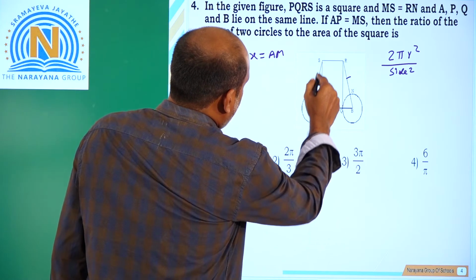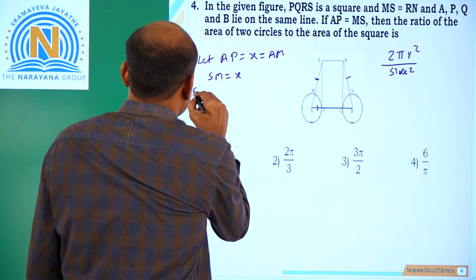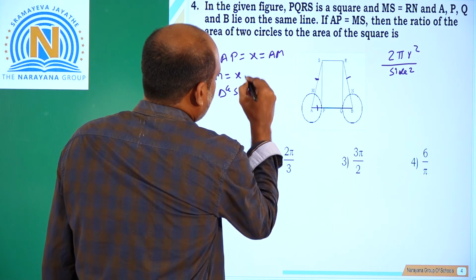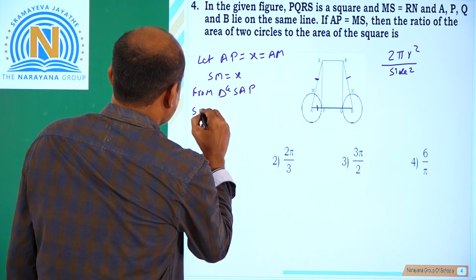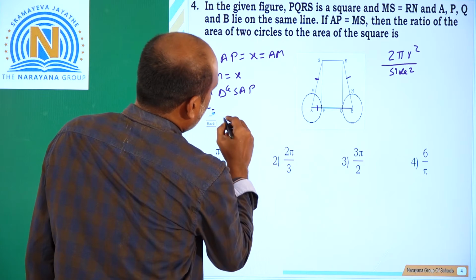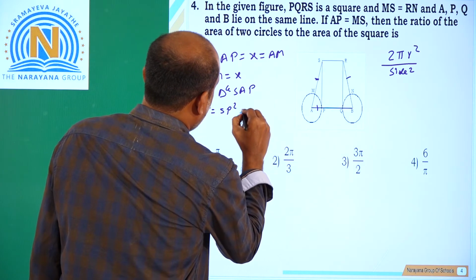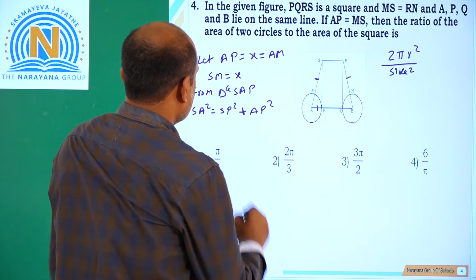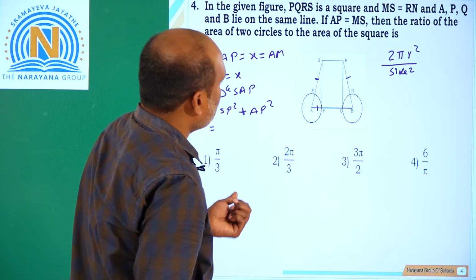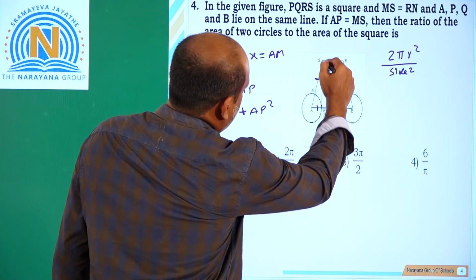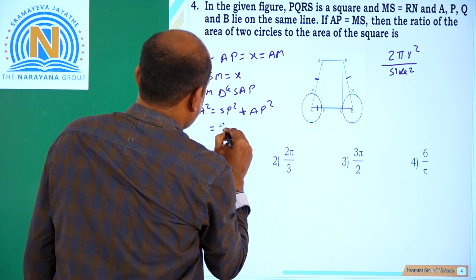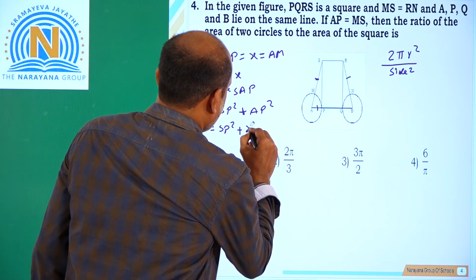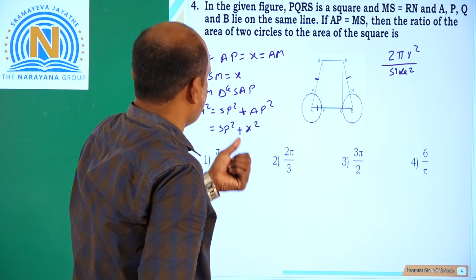From triangle SAP, SA square is equal to SP square plus AP square. We don't know the SP value, so that is SP square plus AP square, where AP is x, so x square.